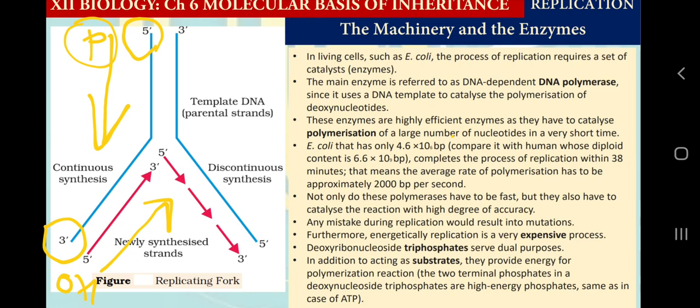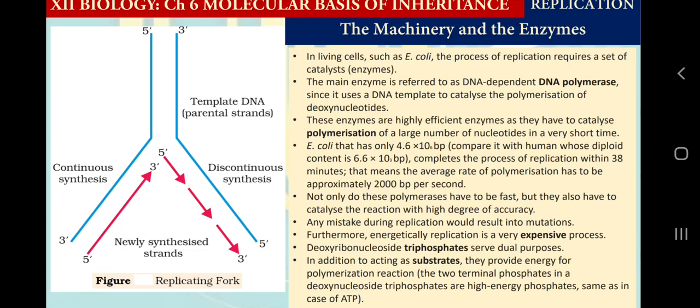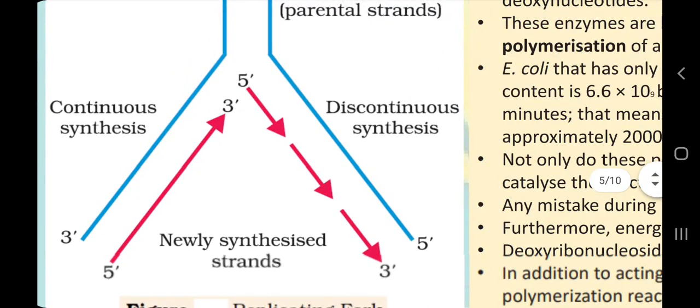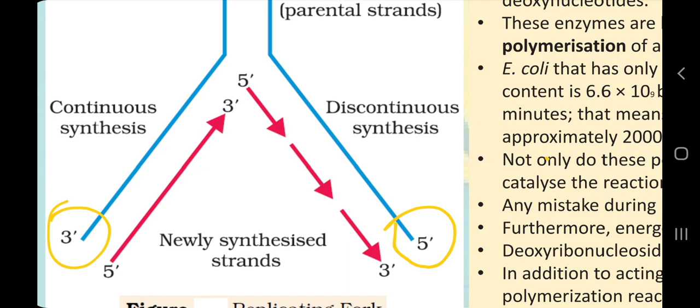The DNA is unwinding and the new DNA is forming in the direction from 5 prime to 3 prime. If the hydrogen bonds are breaking in the old DNA, we get two ends of the old DNA, which are denoted as 3 prime and 5 prime.